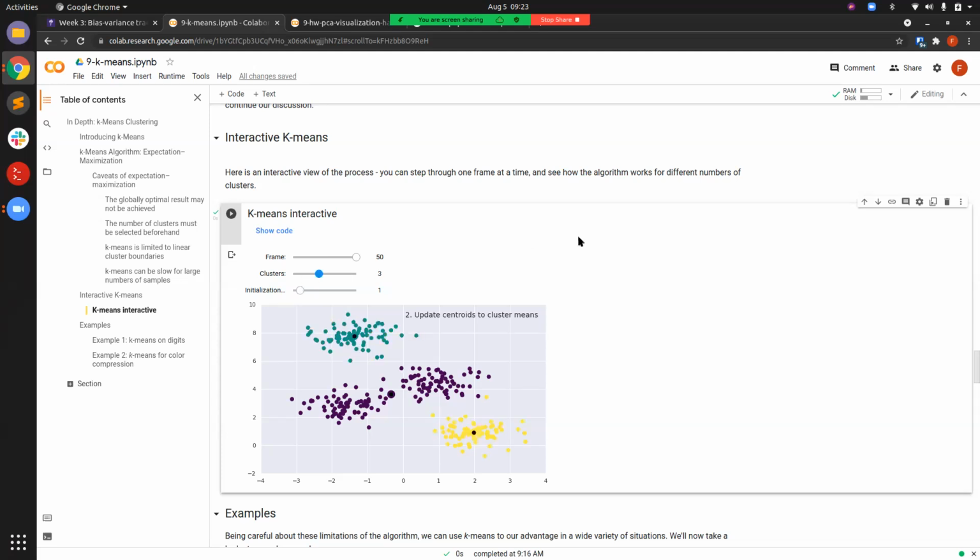Let's look at an example with a kind of correct number of clusters, so 4 clusters. Let's find an example that found some bad clusters.